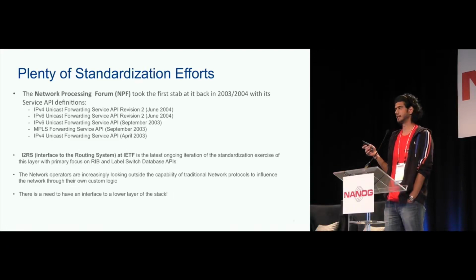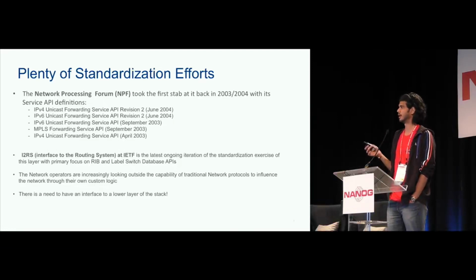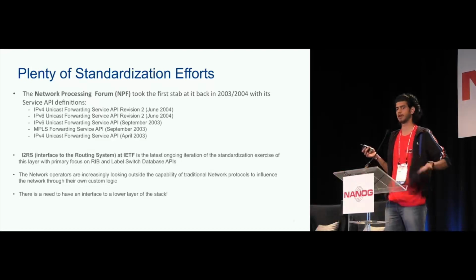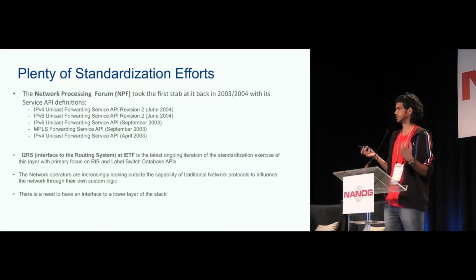And we've really seen most network operators, specifically the large-scale web service providers, implement their own routing protocols or their own controllers that help facilitate what they would want to do over and above typical routing protocol influence on the network. So in a way, over the last few years, we've seen a really strong effort to make sure that most vendors expose this particular layer, the lowest layer within the stack, to the end user.